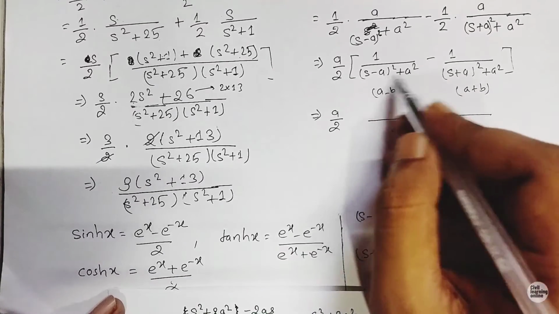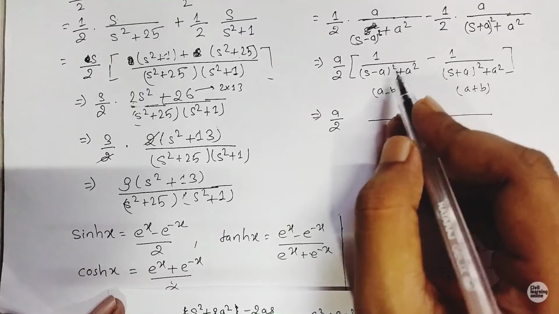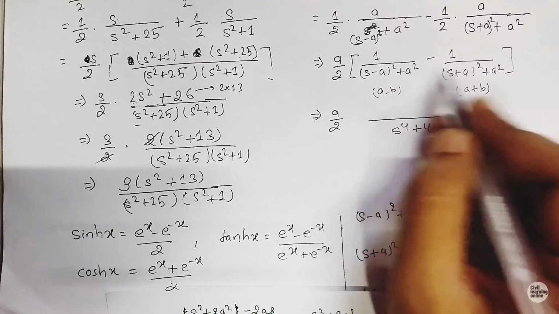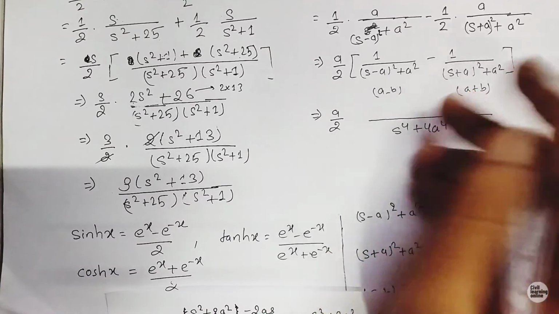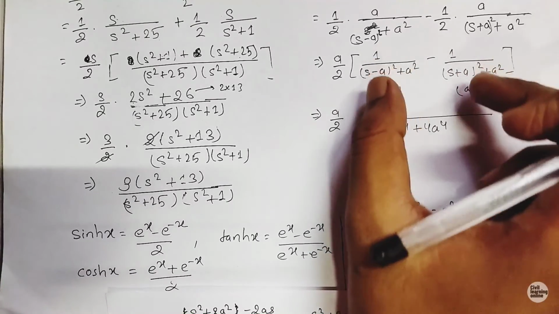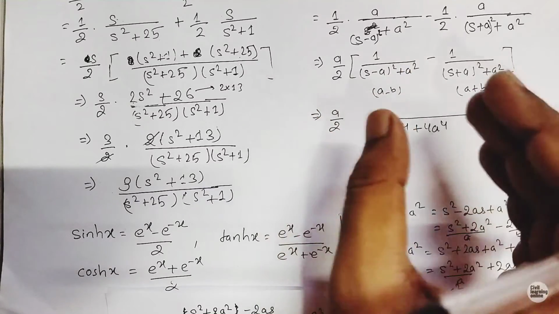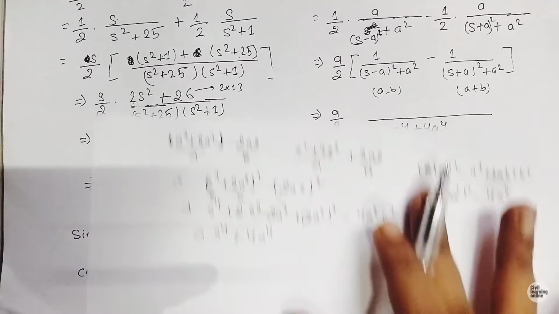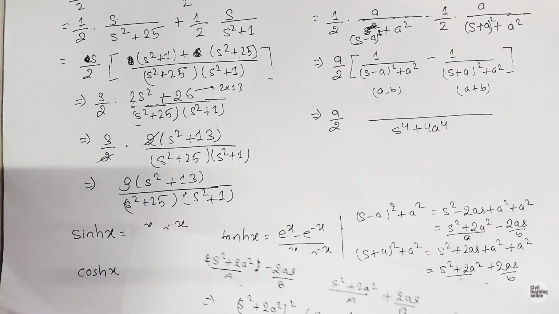This is the same as this. While doing LCM of these two we will have these two terms here. So what I have done is I have just combined these two, and on combination they get converted into this, which I have shown you.